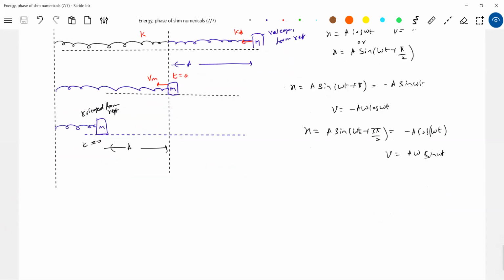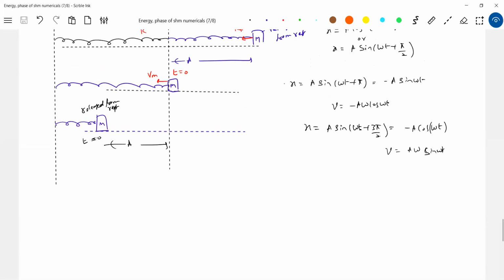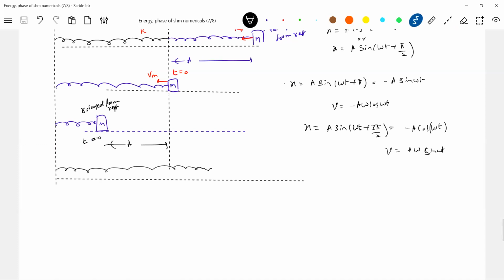Now a person who is very good in maths might say, sir, why should I count time only at mean or extreme? I'll take some position like this, where the block is somewhere here at a distance a by 2, and you'll give some velocity, and you'll say I'll start counting time.